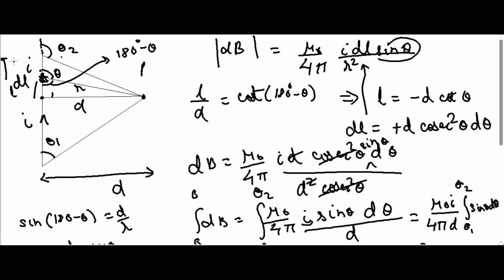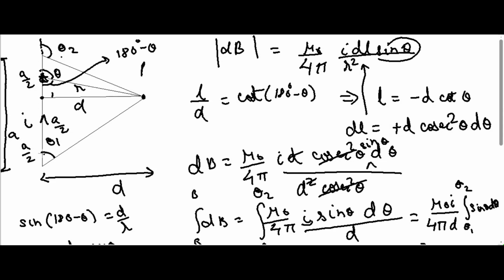So this length is a, and this line is a perpendicular bisector, which means this point will be the midpoint. So this length will be a by 2 and this length will be a by 2. Let me erase some of the stuff for clarity. So this side will be a by 2 and this side will be a by 2.